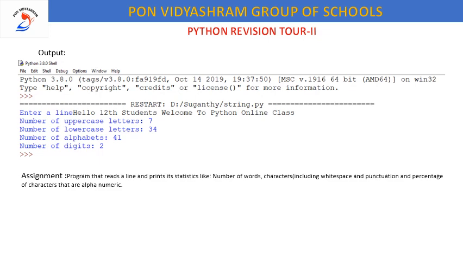After characters, if you have a space between two particular characters, that will be considered as one word. So find out what functions you have to use in that, and find out the total number of characters, and in that, what is the percentage of alphanumeric characters.